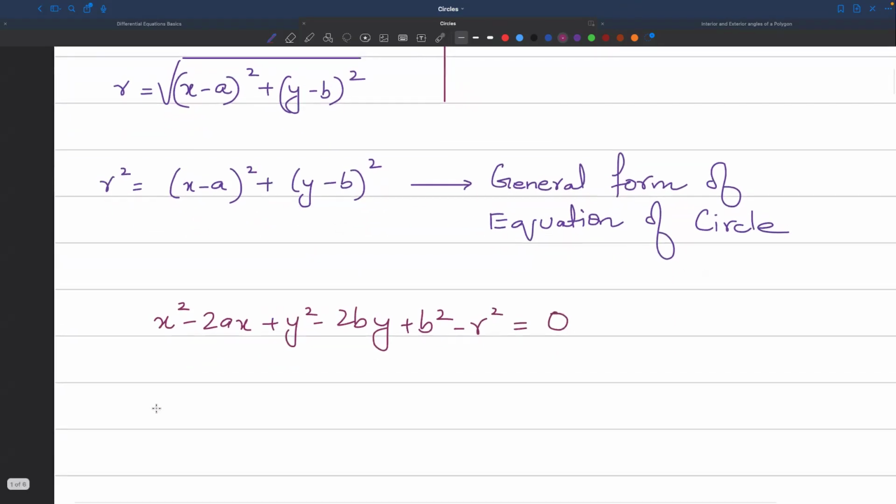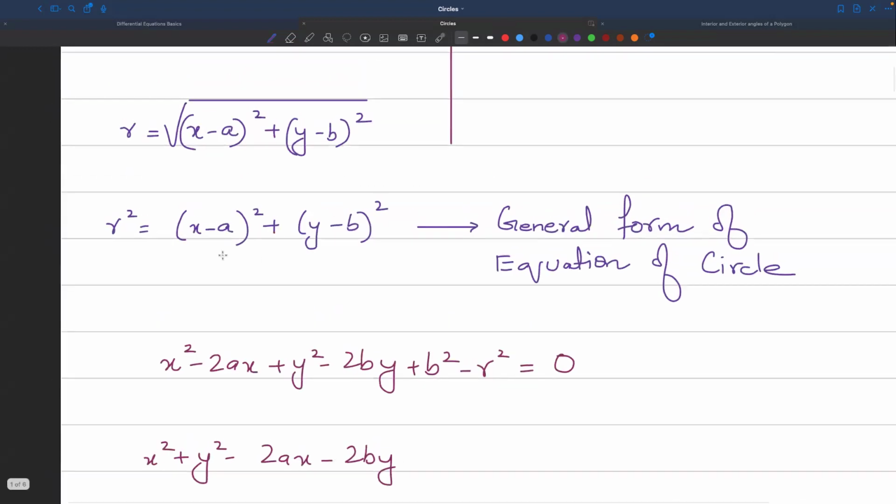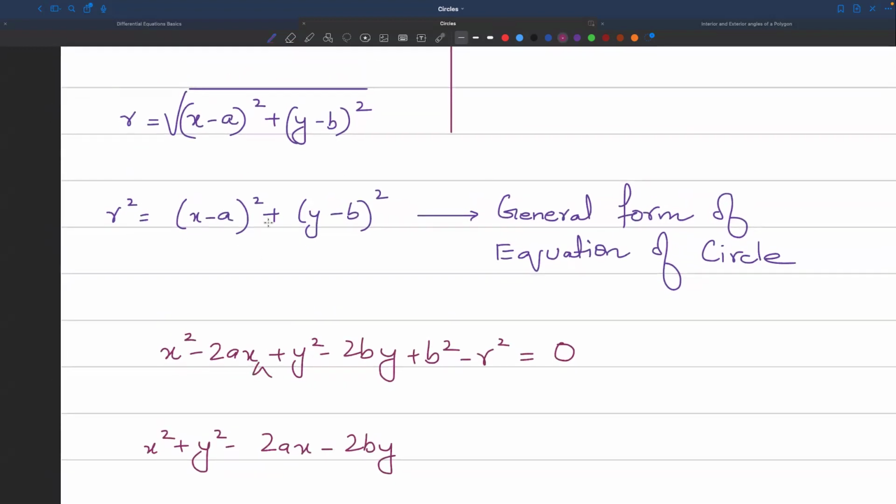I will rearrange it and write it as x squared plus y squared minus 2ax minus 2by. And here I missed plus a squared, right? This should have been plus a squared. And I will put the constant term separately.